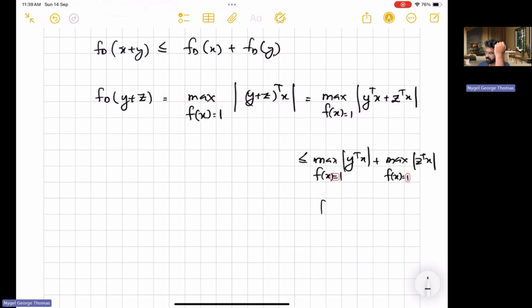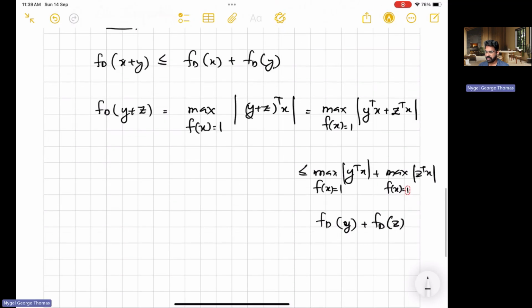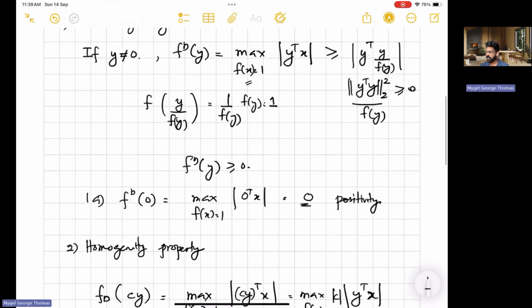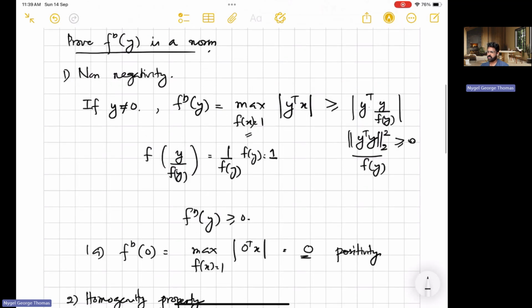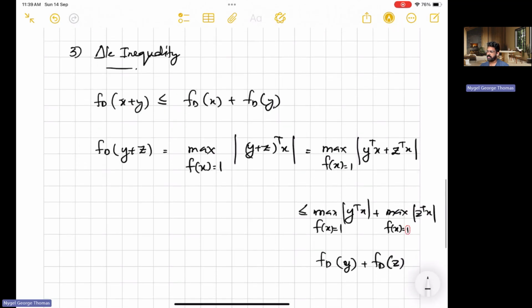So this is equal to fd of y plus fd of z. So this also satisfies the triangle inequality. In this way we can show that the dual norm of a prenorm is a valid norm. It's a full norm. Okay, let's end this discussion.